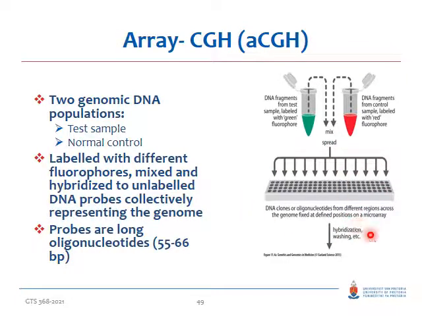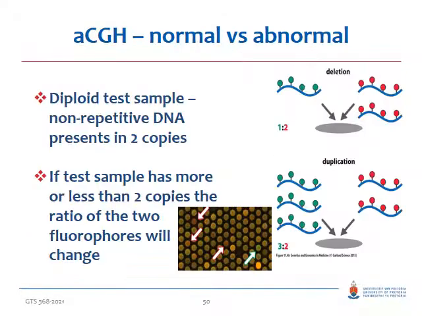These probes are long oligonucleotides, usually about 55 to 66 base pairs. On the array, you will now be able to distinguish between normal and abnormal.